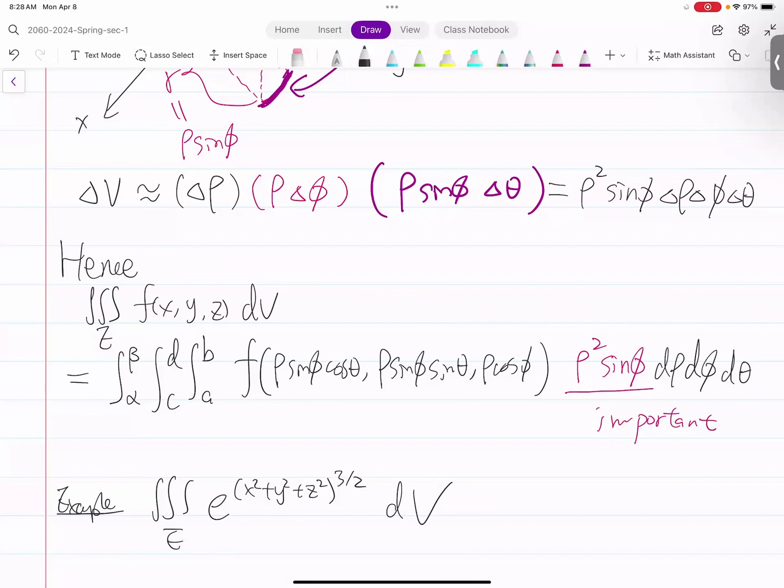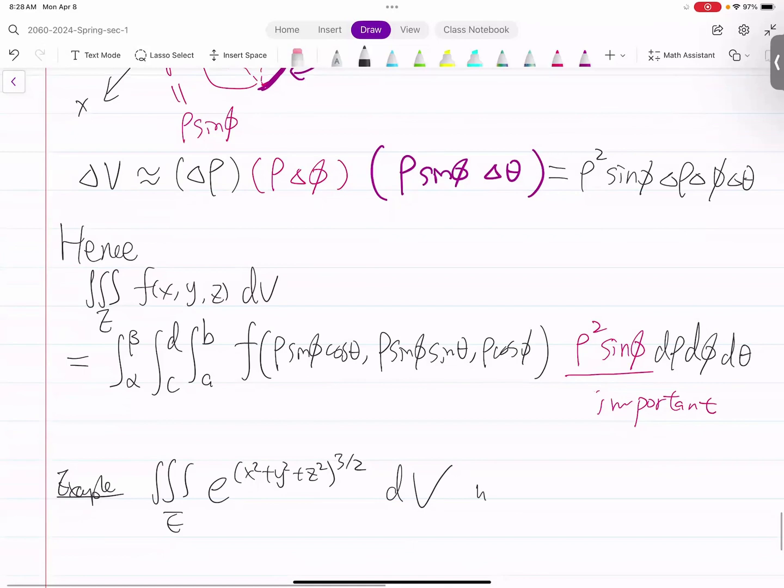So we're going to calculate this, where E is the unit ball, enclosed by the unit sphere.